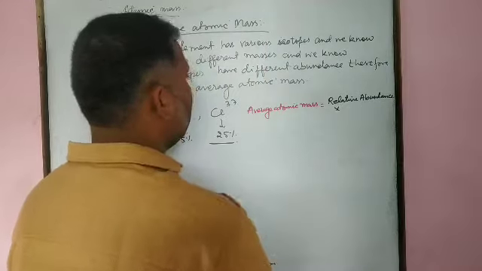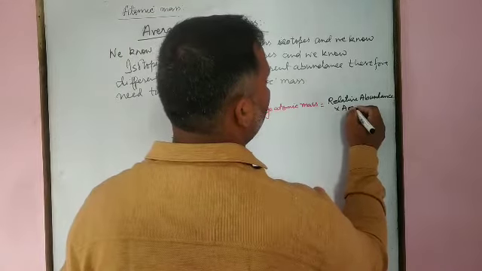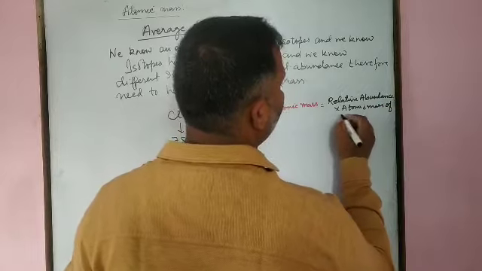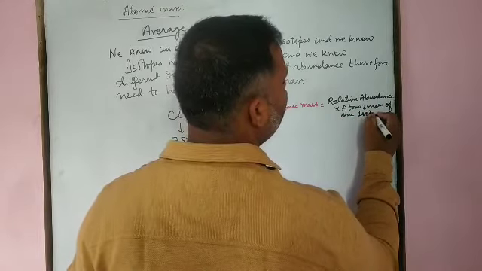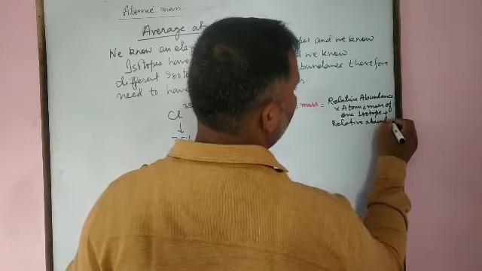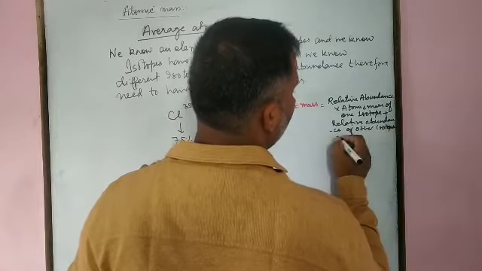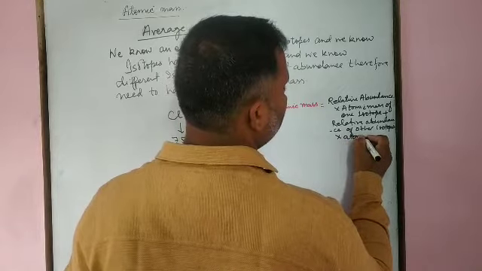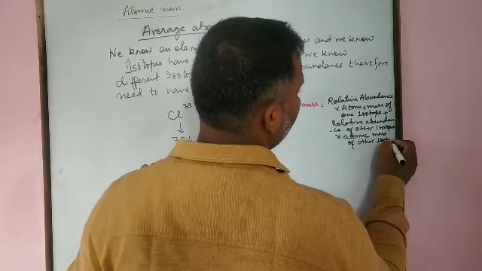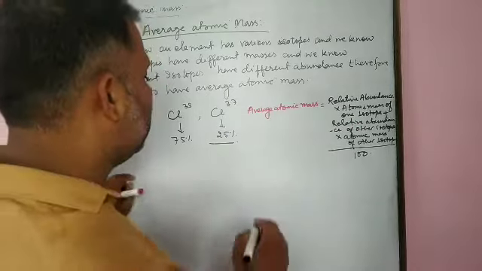Relative abundance into atomic mass of one isotope plus relative abundance of other isotopes into atomic mass of other isotope, divided by 100.